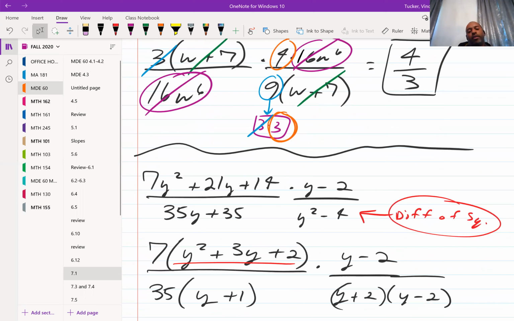So once again, we're going to factor completely. First thing I do is factor out a 7 from that first numerator. Leaves me y squared plus 3y plus 2. Factor out 35 from the first denominator. Y minus 2, nothing we can do with that. But then y squared minus 4 is y plus 2, y minus 2.